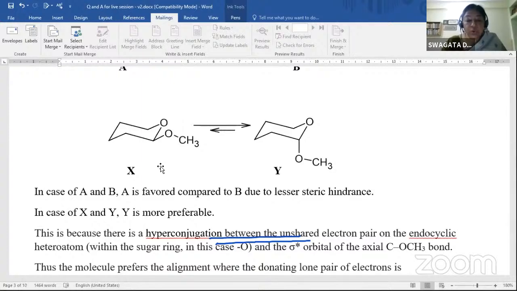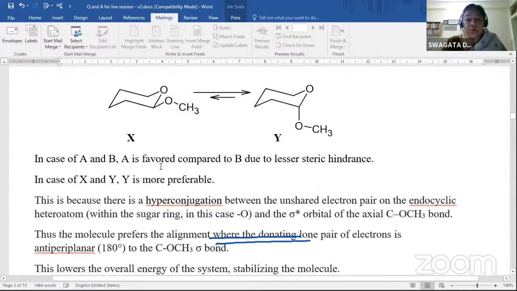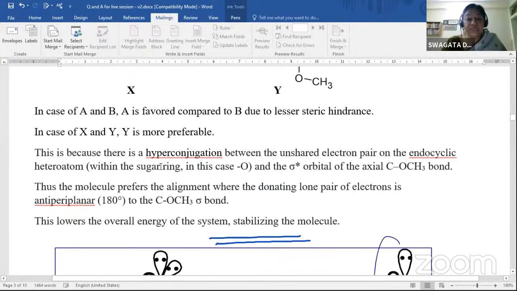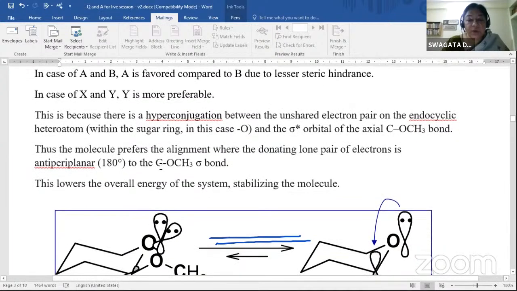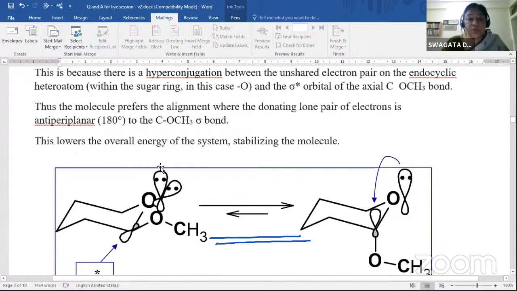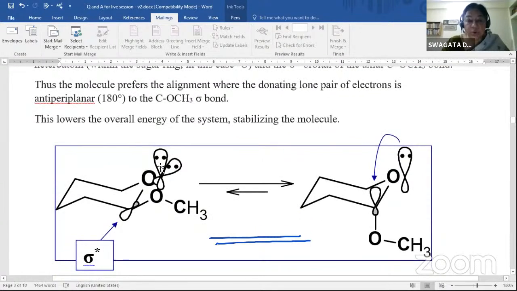So the molecule would prefer the alignment where the donating lone pair of electrons is anti-periplanar, that is 180 degrees to the C-OCH3 bond. Because ultimately what we want is for the overall energy of the system to be low, and that would stabilize the molecule.